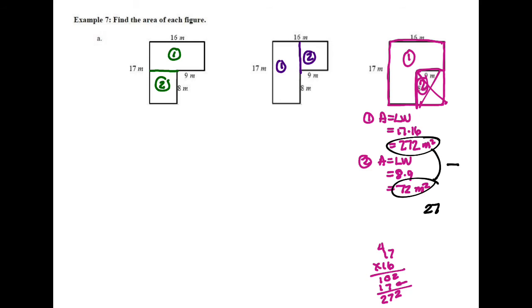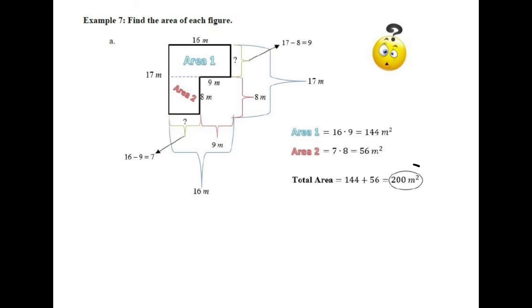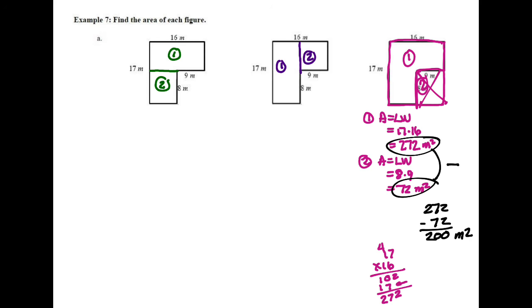So 272 minus 72 is 200 meters squared. And just to double check, yep, that's what they got as well. So let's do the green way and the purple way just to show you.